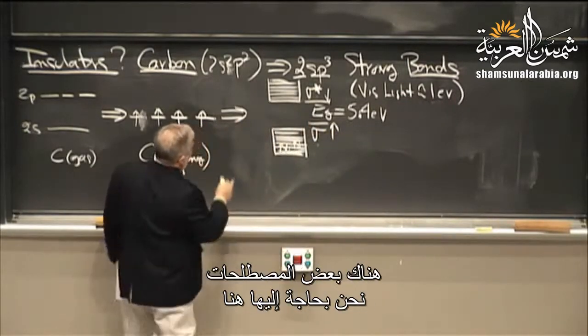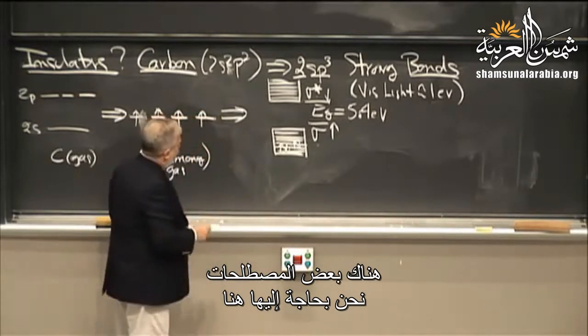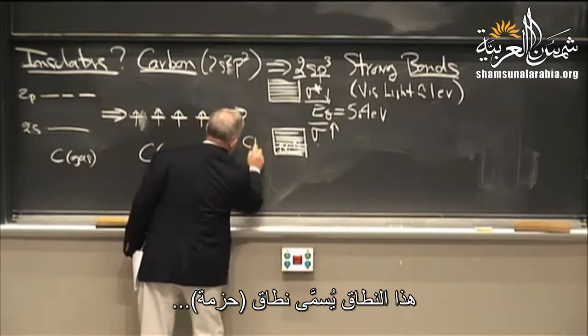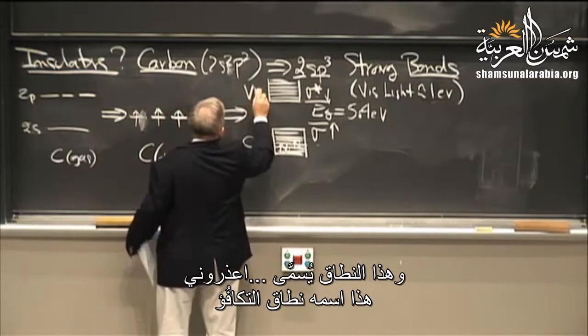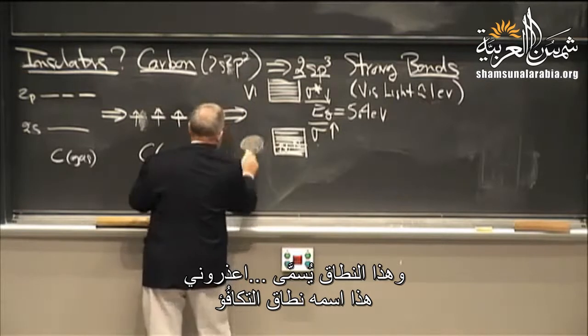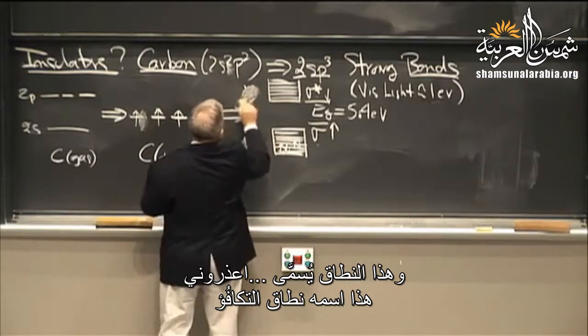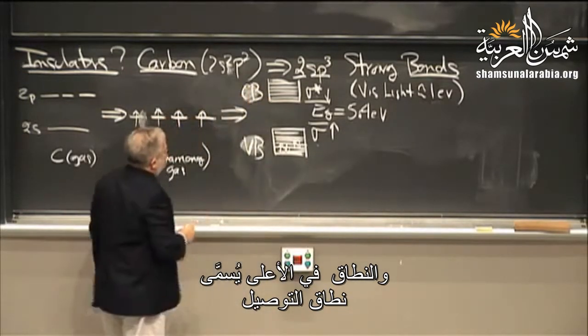And there's some terminology we need to have here. This is the so-called conduction band, and this is the so-called valence band. Valence band and conduction band.